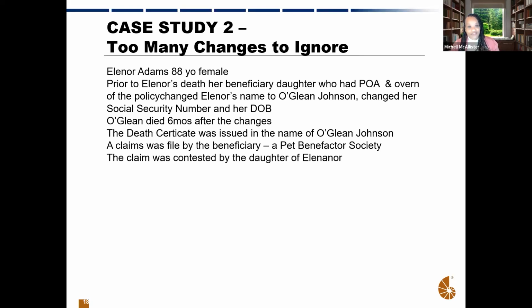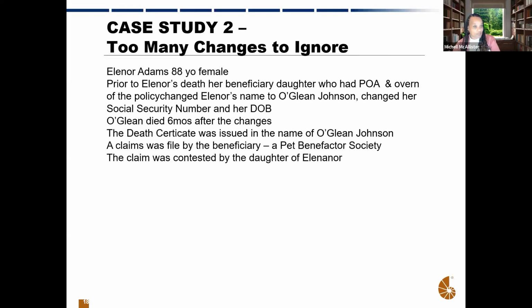Not only had she changed the beneficiary, but she had changed her mom's name, her mom's social security number, and her mom's date of birth. The investigation into why all of this information was changed found that Ogleen Johnson's daughter did not want the Pet Benefactor Society to receive the insurance proceeds.